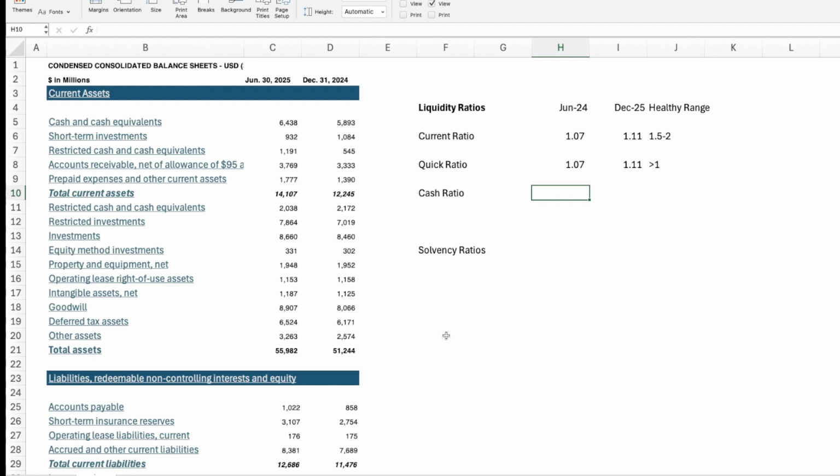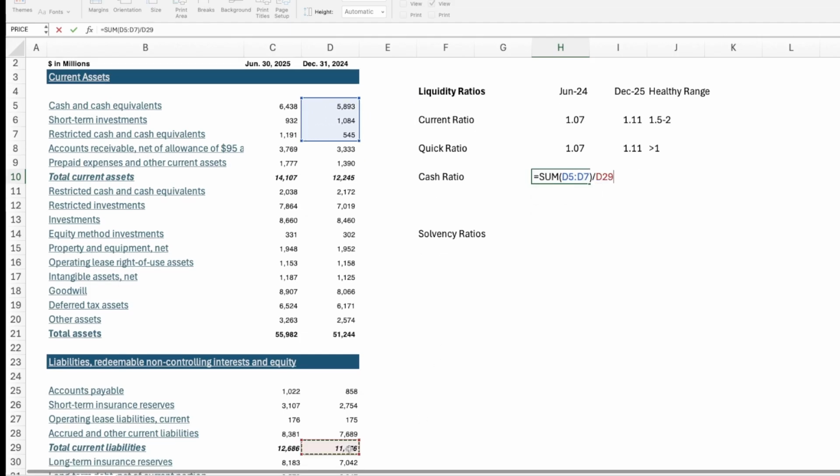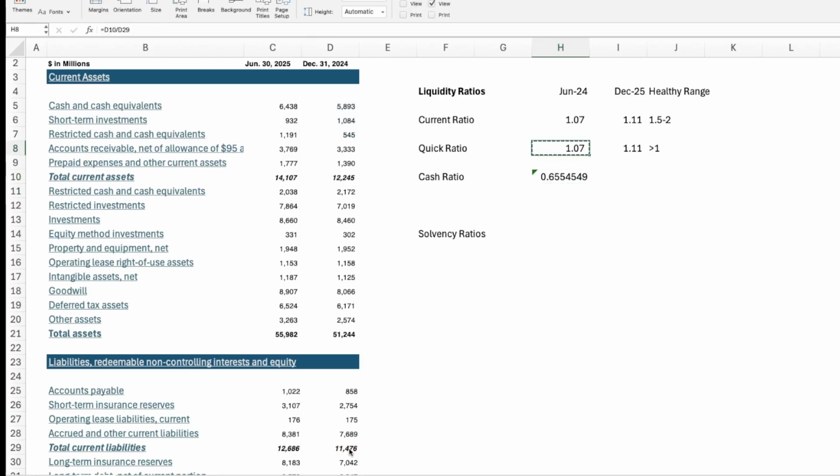So let's do that. We sum it and divide by total current liabilities, 0.66. Let's do the same for 2025, divided by current liabilities.